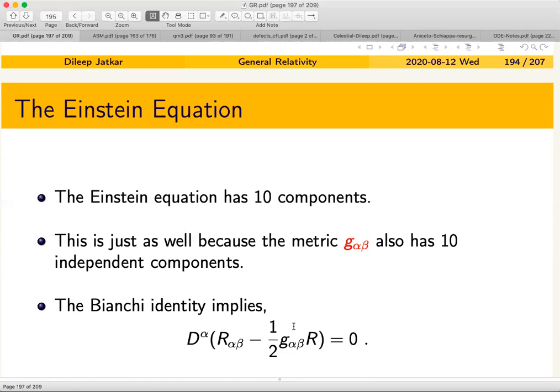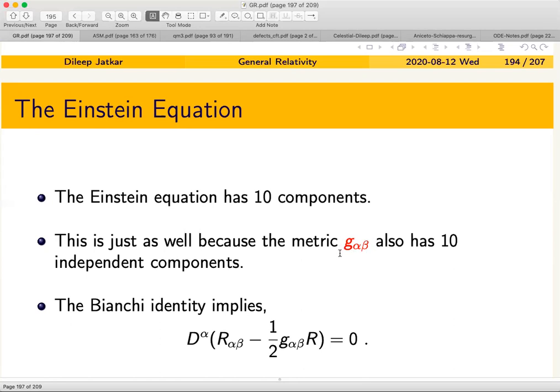So there are 10 equations out here. So there are 10 components in the Einstein equation, and it is just as well because G alpha beta is also a symmetric tensor, and therefore it also has 10 independent components. So it seems like a good thing that you have 10 equations and you need to determine the 10 components of the metric.